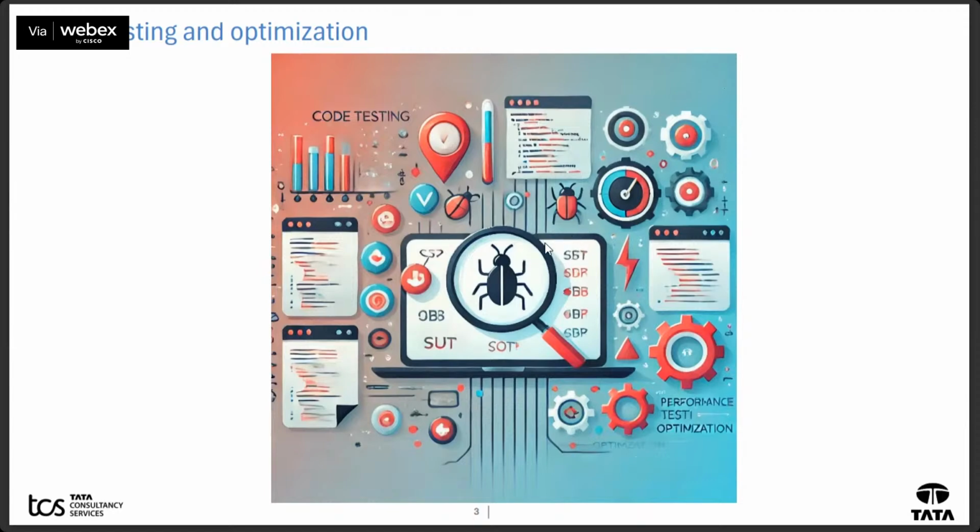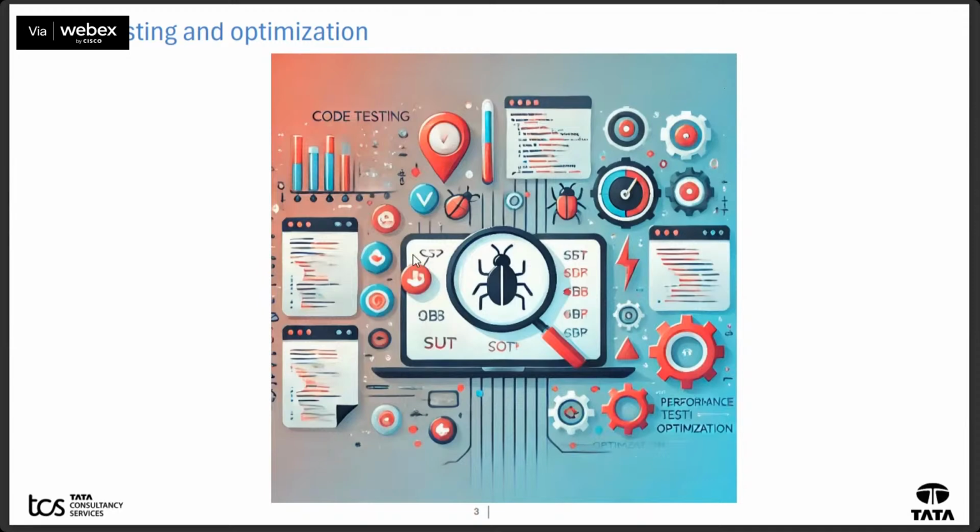It could be of various kinds, which we will see. That is the main goal. For this we have the code which has been developed and needs to be tested, and there are various tools we use for testing.